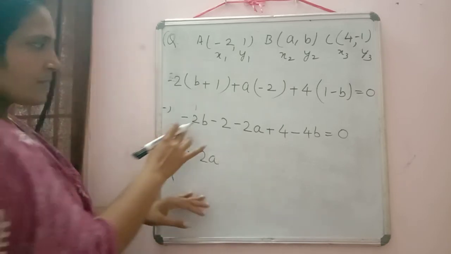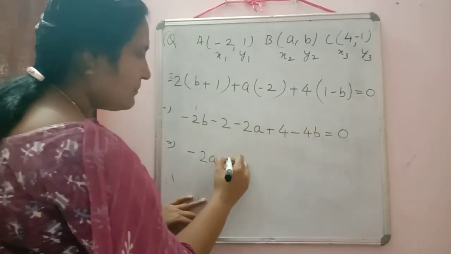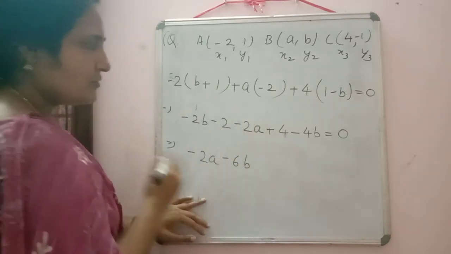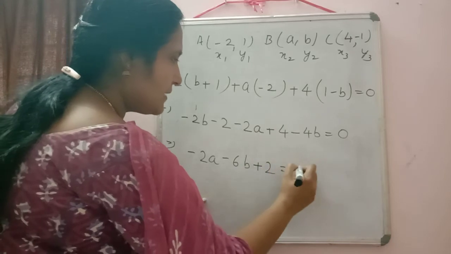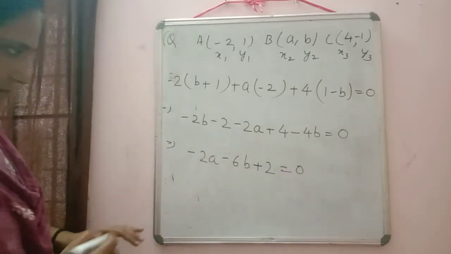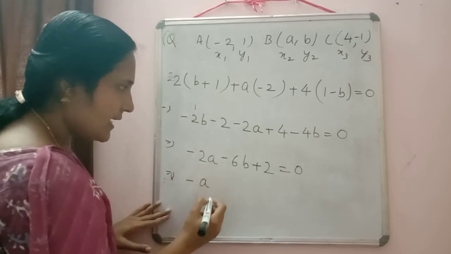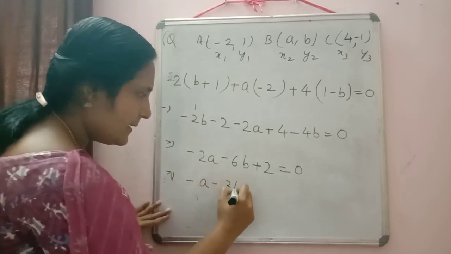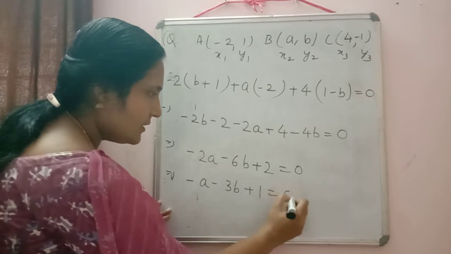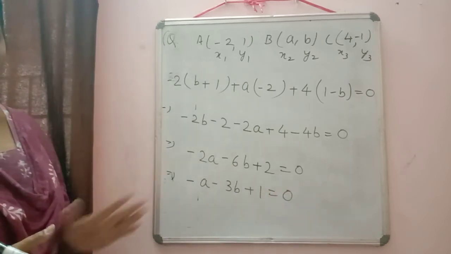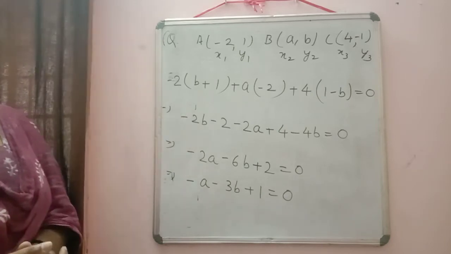Minus 2b minus 4b will be equal to minus 6b, and minus 2 plus 4 is 2, plus 2 is equal to 0. We can divide it by 2. So it will be equal to minus a minus 3b plus 1 is equal to 0. This is the condition we get when we use the concept of area, that the points are collinear.